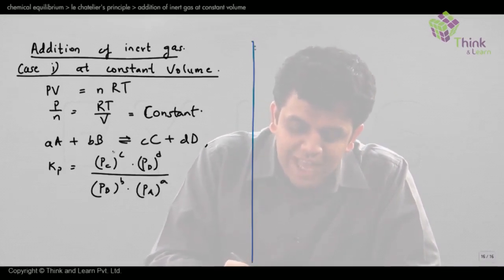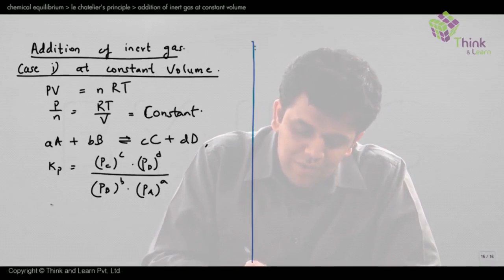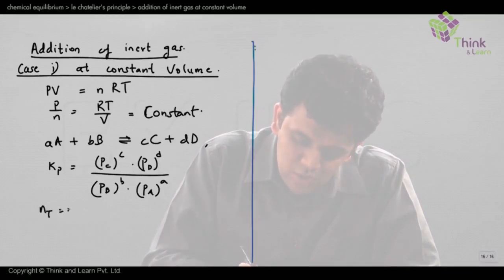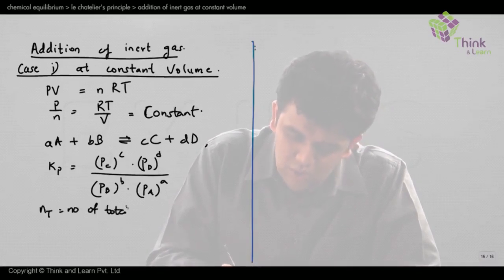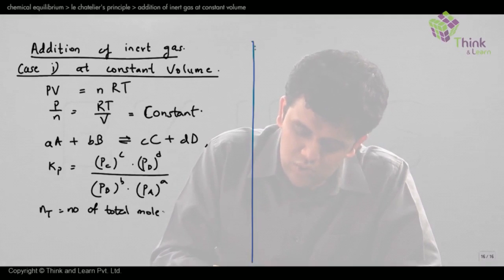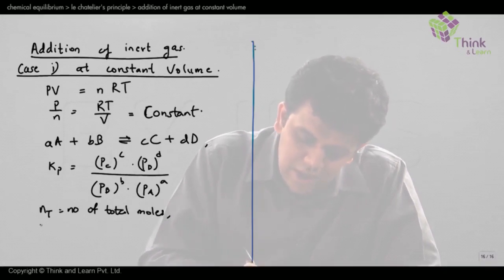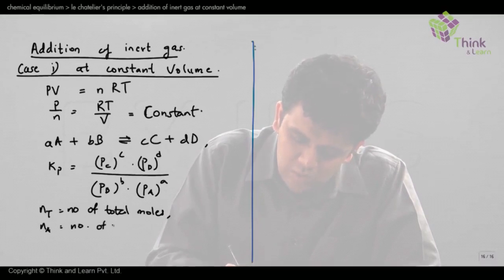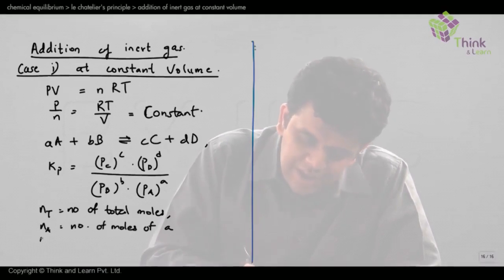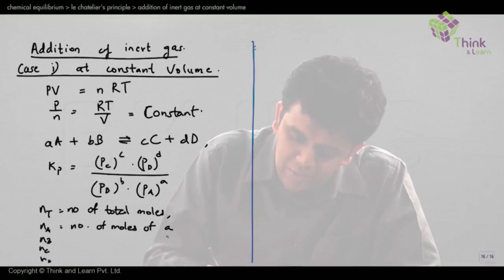So now this is actually equal to, if Nt is the total number of moles, Na is equal to number of moles of A. Similarly, Nb, Nc, and Nd are number of moles of B, C, D.